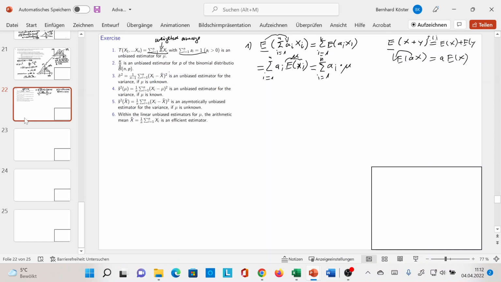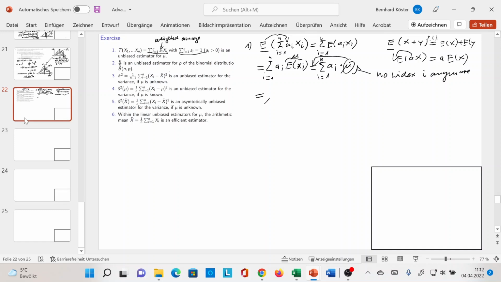Well, and here there is no index i anymore, and therefore we can put this mu in front of the summation.